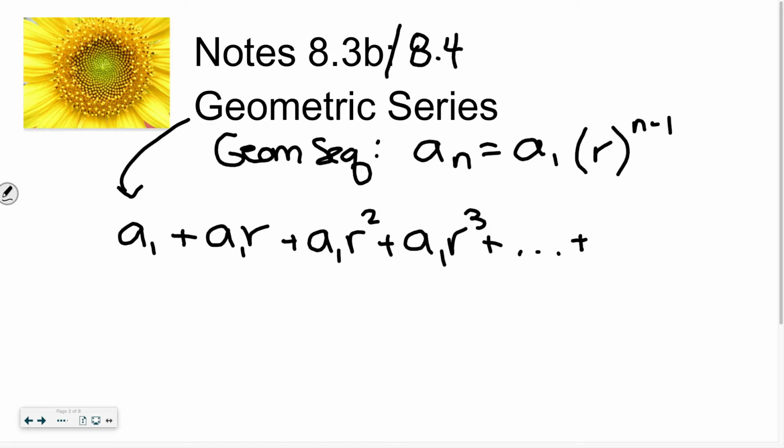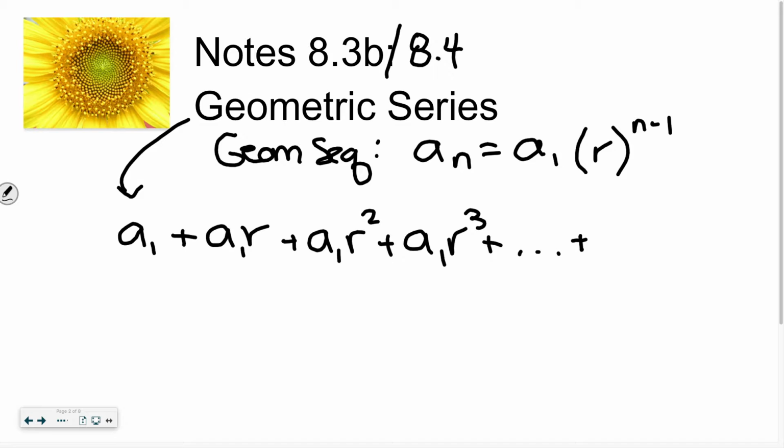If there were supposed to be n terms in the series, what's my exponent on the last ratio? So like in the second term, the exponent is 1. In the third term, the exponent is 2.